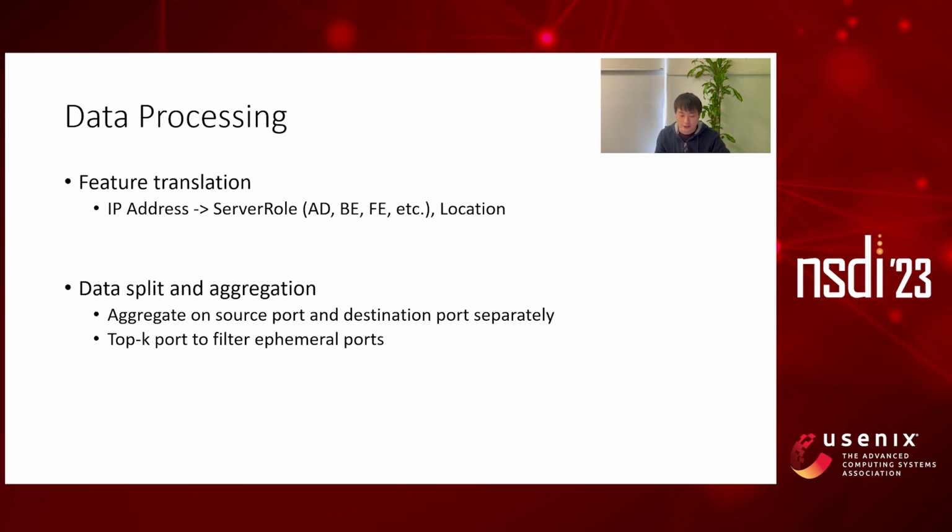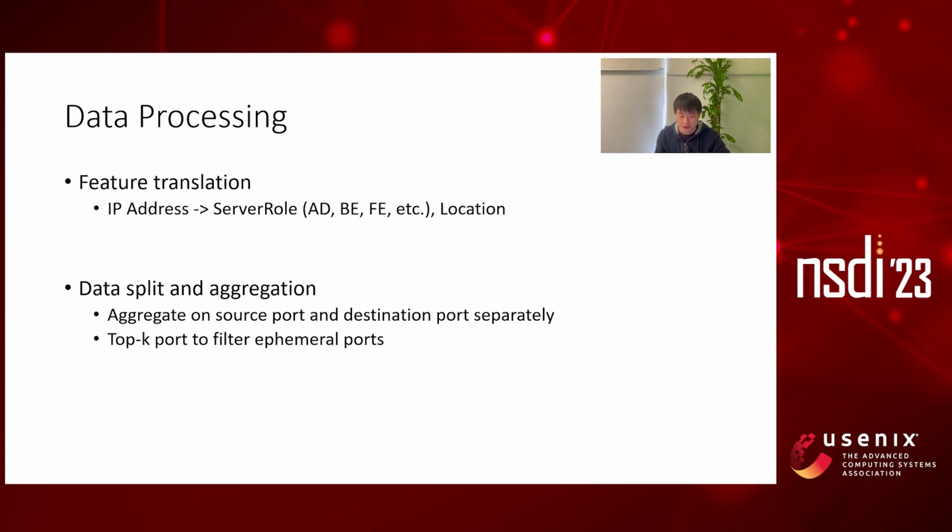One of the heaviest dimensions in our data is IP address, because Exchange holds hundreds of thousands of machines, and each machine has a unique IP address. Also, an IP address itself doesn't provide valuable information, so we translate it into locations and server roles. This reduces our data size from trillions of IP pairs to millions of feature pairs.